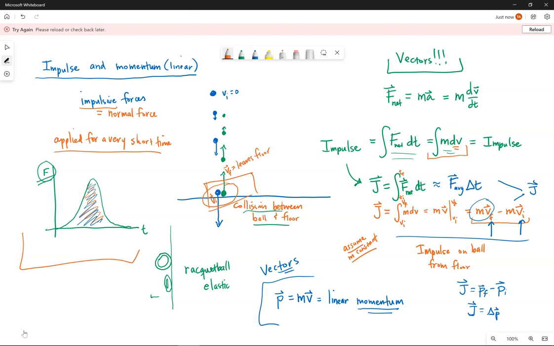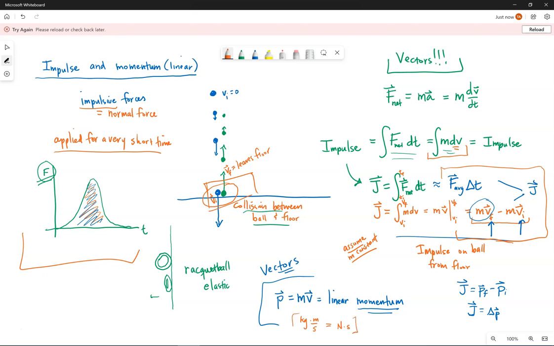Now, really quickly, linear momentum has units of kilograms times meters per second. But this is also a newton times a second. If you come back to this equation for impulse up here, if I can calculate impulse either by force times time or change in momentum, those two equations have to give me the same units because impulse has specific units.